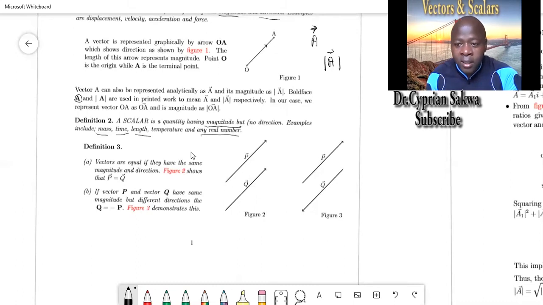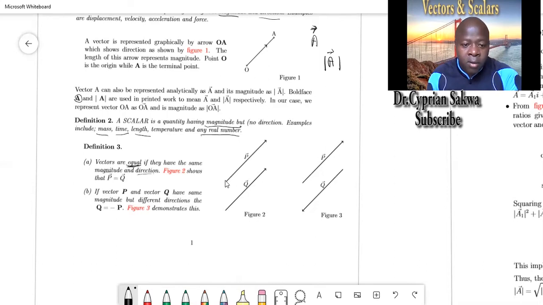Real numbers are scalars. Now, the other definition, we want to define equal vectors. We are saying that two or more vectors are equal if they have the same magnitude and direction. For instance, look at figure 2.